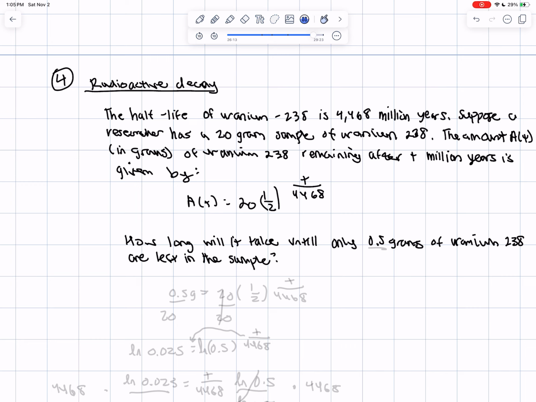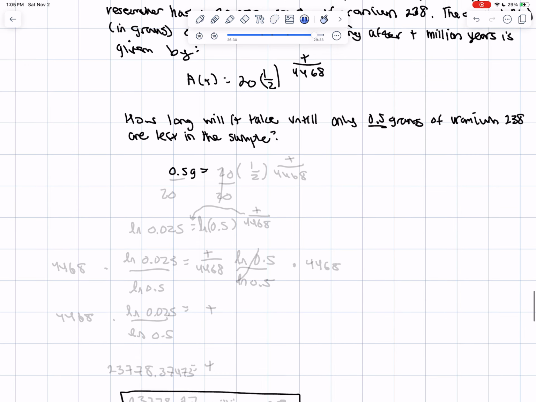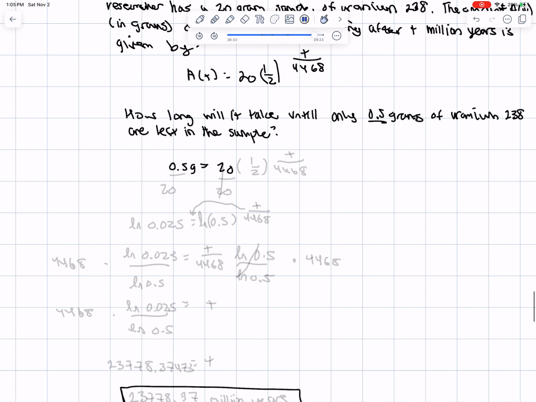How long will it take until only 0.5 grams of uranium-238 will be left in the sample? Okay, so they give us our A. Our A is 0.5 grams, so we're going to put that here. I'm going to put grams here. And then they give us 20, and then they have all our other values here.